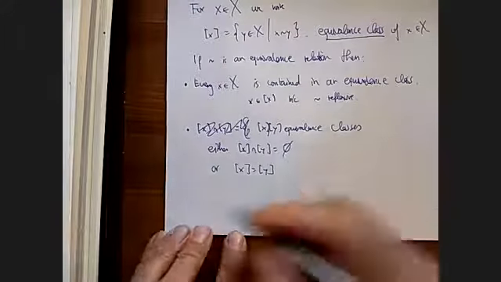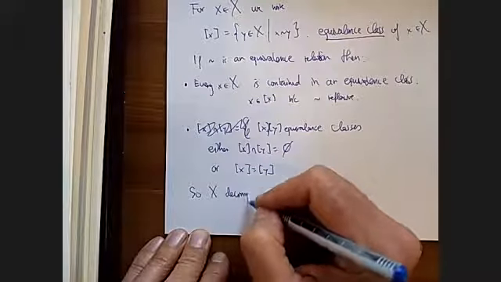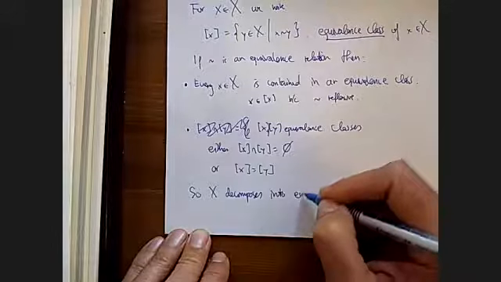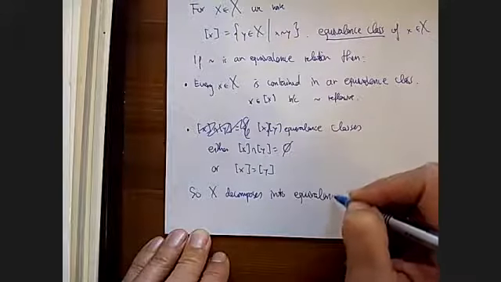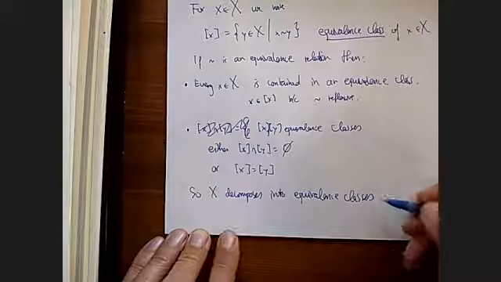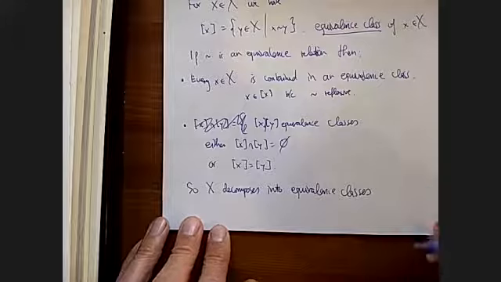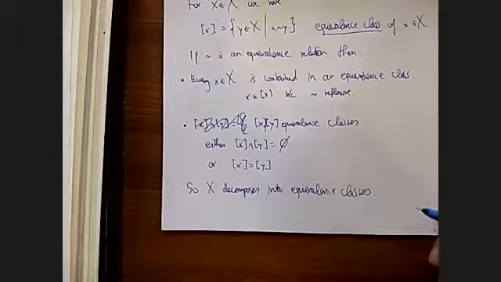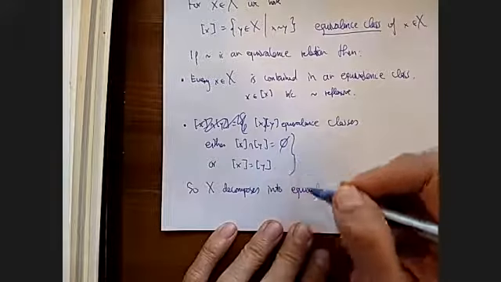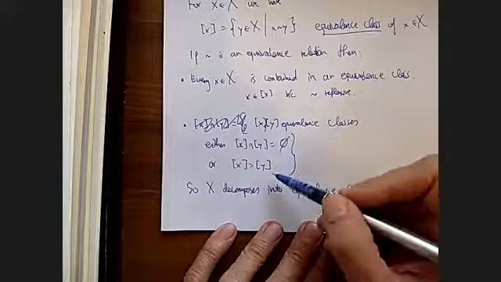So X decomposes into equivalence classes. So what would we say? This fact follows from the three axioms: reflexive, symmetric, and transitive.